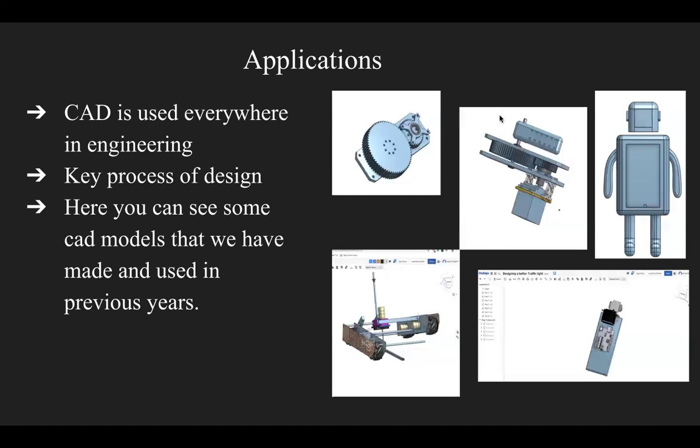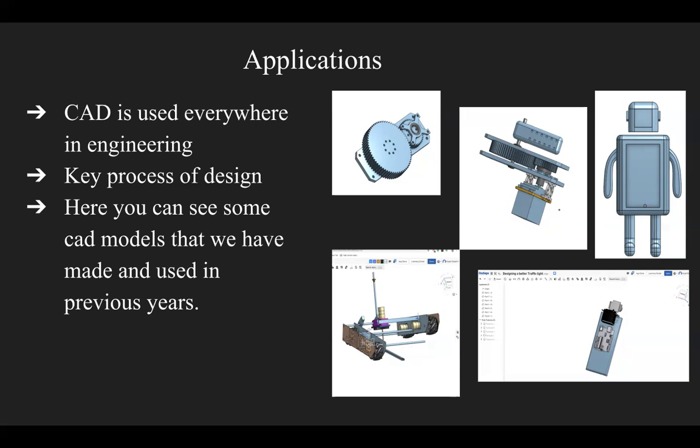And these are the applications of CAD. To your right, you can see some CADs that we designed before. This is really applicable in robotics, and we use it all the time. And it's used very often in engineering. So you do it in your design process. You need to have an idea before you actually build something out.